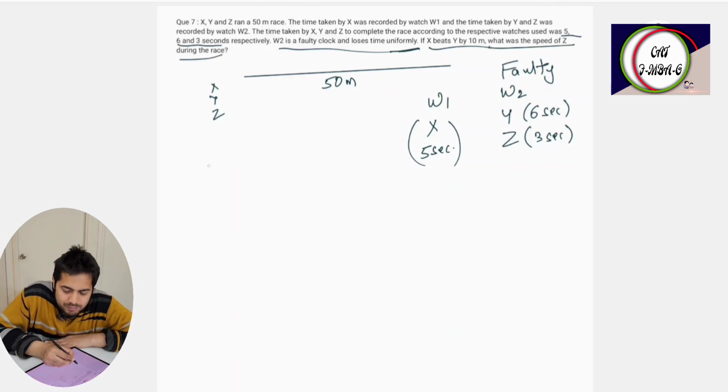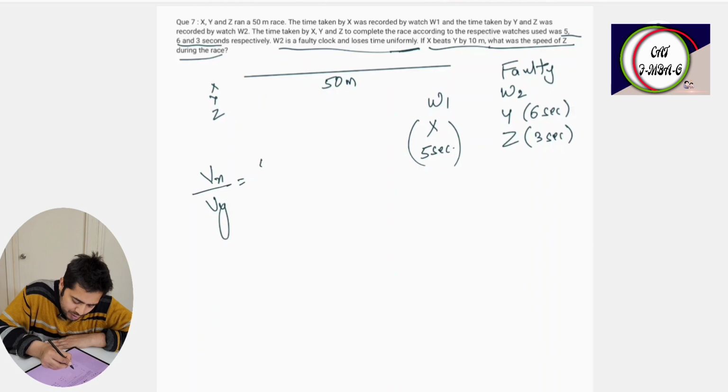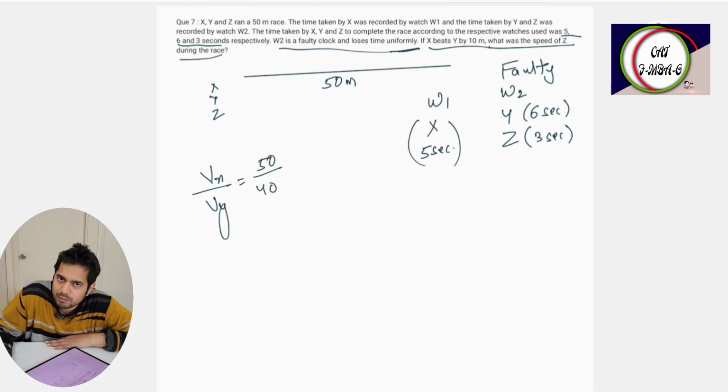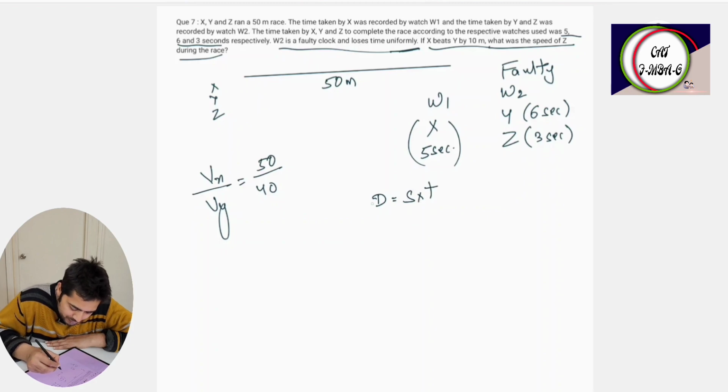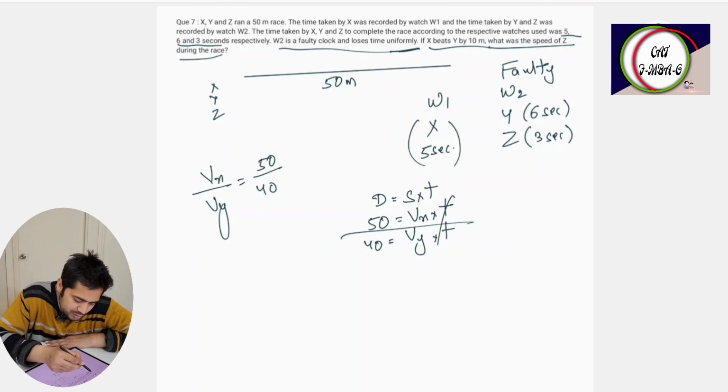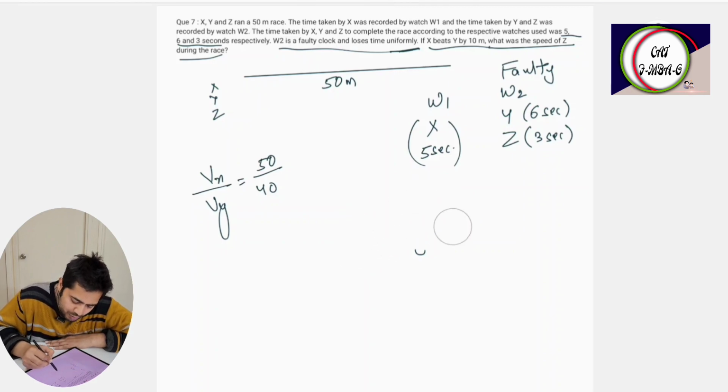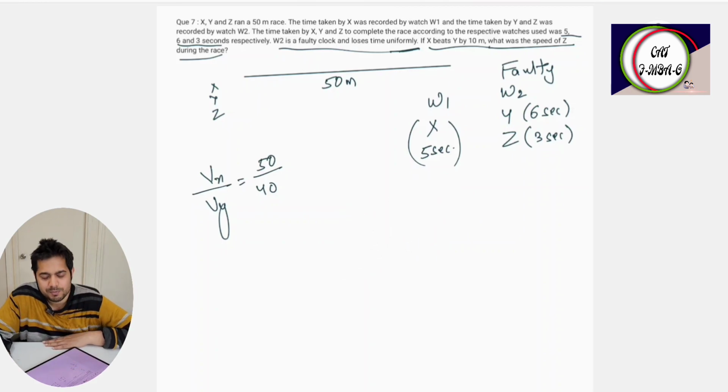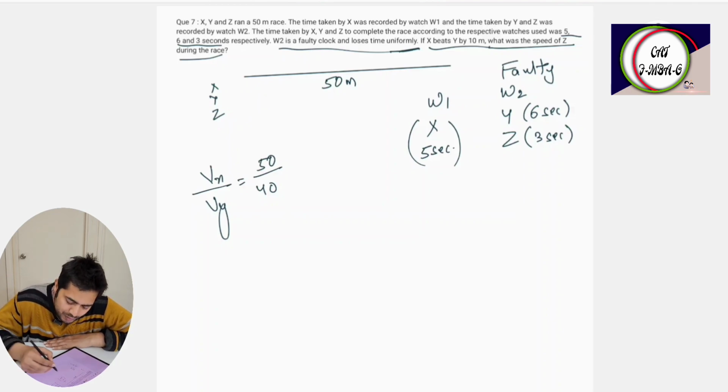Okay, if X beats Y by 10 meters, then Vx by Vy is equal to 50 by 40, because distance is equal to speed into time. So 50 is equal to Vx into time. X beats Y by 10 meters, so 40 is equal to Vy into time. Once you start solving, you will get that intuitive idea. Vx by Vy is equal to 50 by 40.